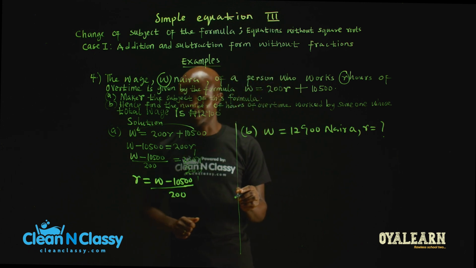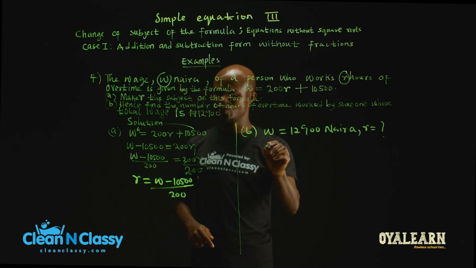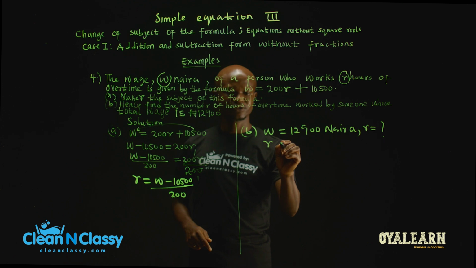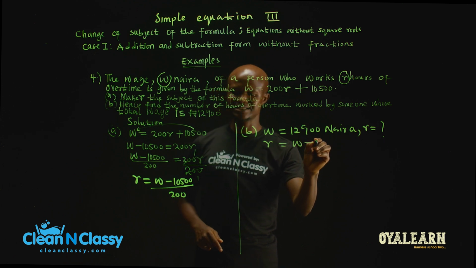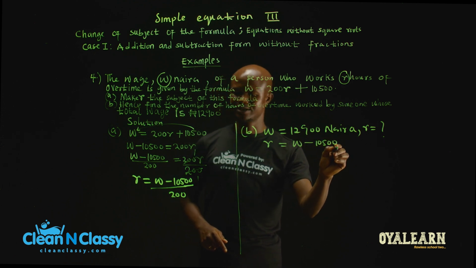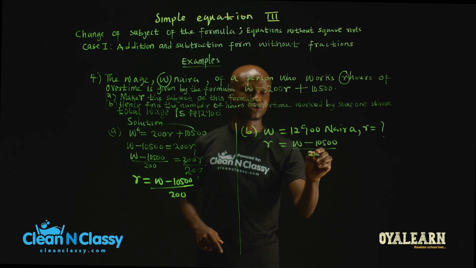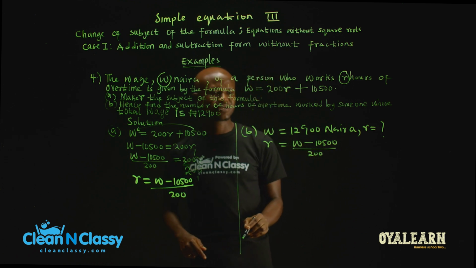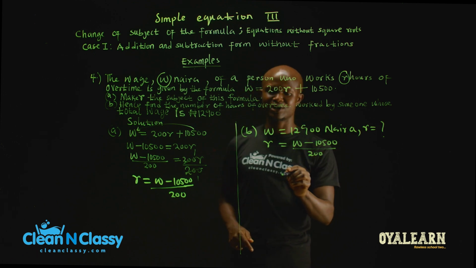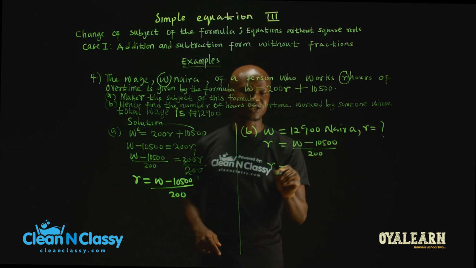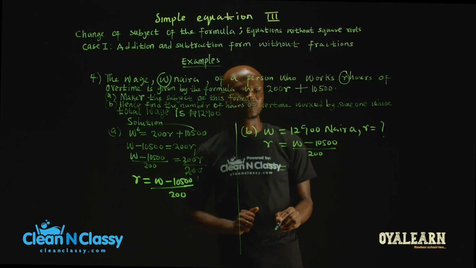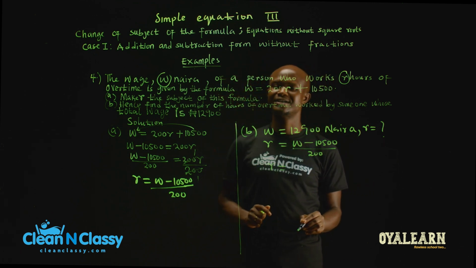Now, what do we have from here? We have R equals W minus 10,500 divided by 200. Now, since W equals 12,900, R will be equal to what? Anywhere we see W, we put 12,900.